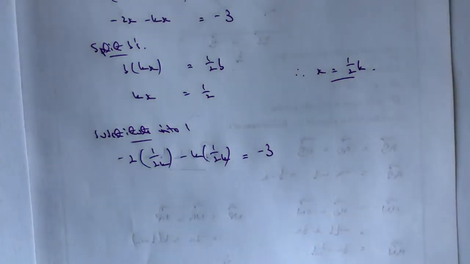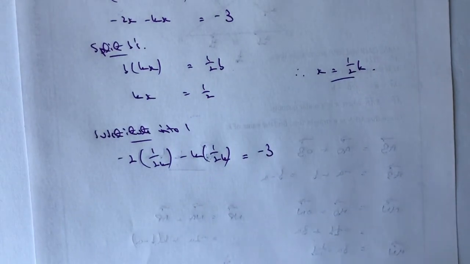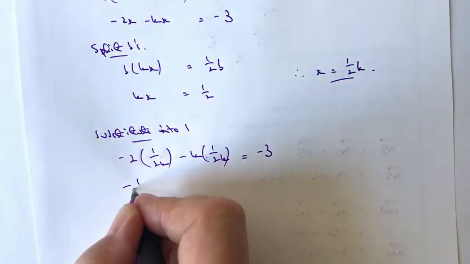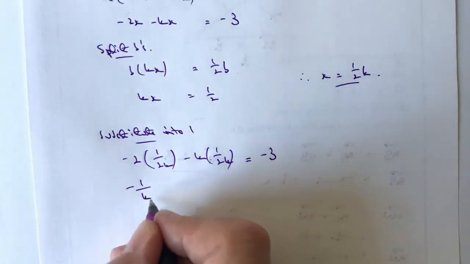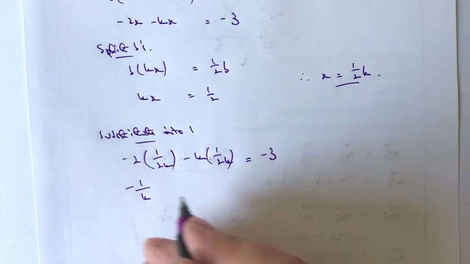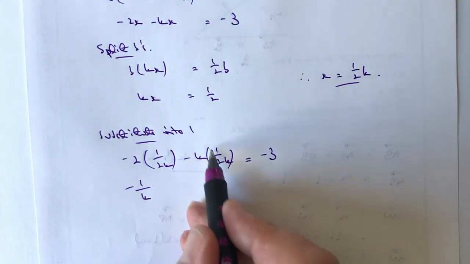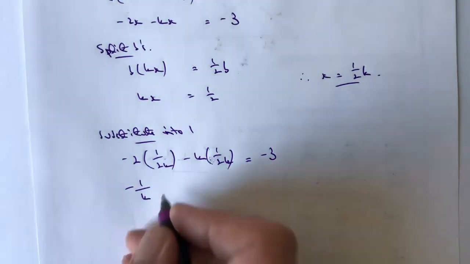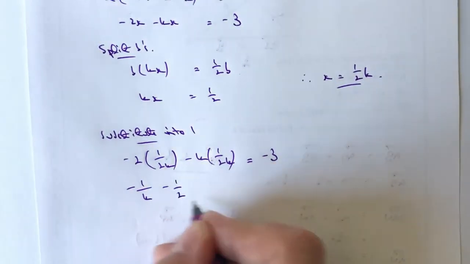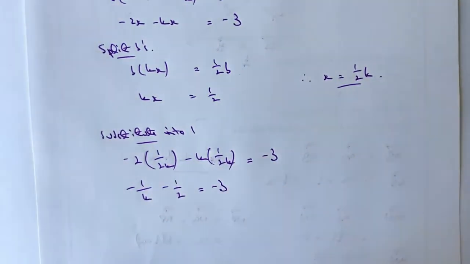Minus 2 times a half is going to be minus 1, so that's minus 1 over k. And then I've got minus k times a half of k, well that's going to be minus a half, and that equals minus 3.